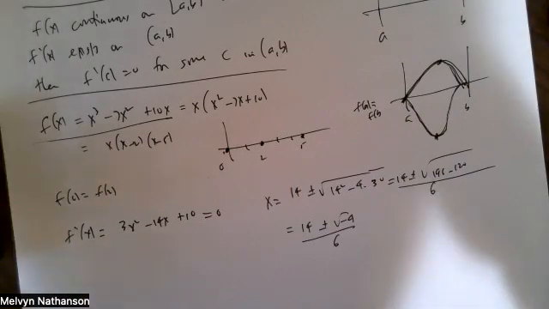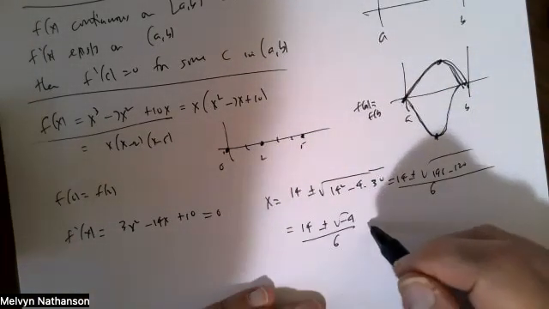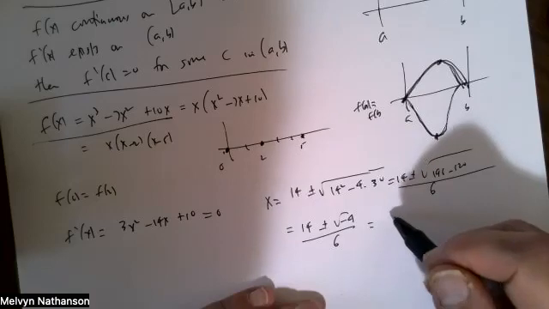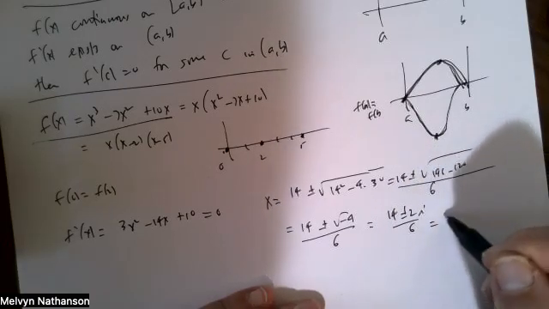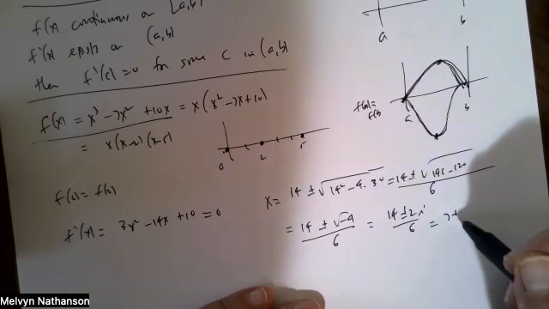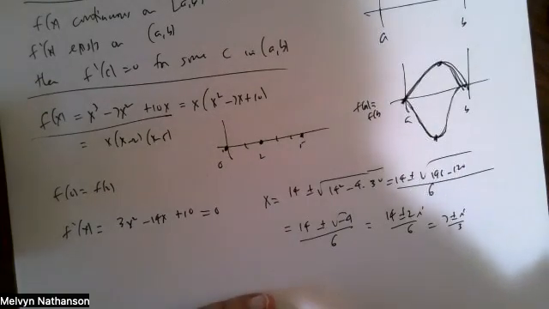So something here is not right. This would be 14 plus or minus 2i over 6, or 7 plus or minus i over 3, but I should not be getting a complex number.